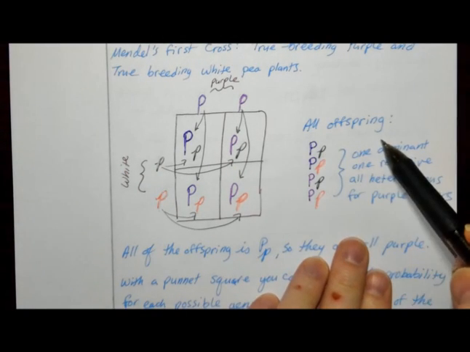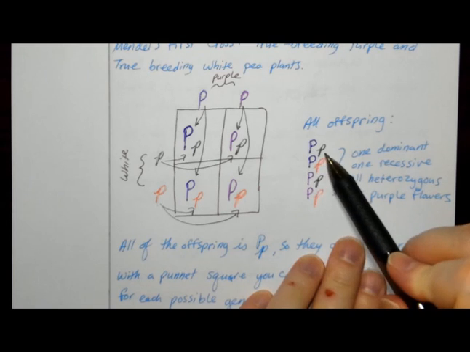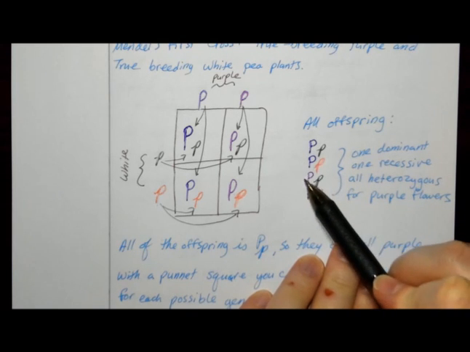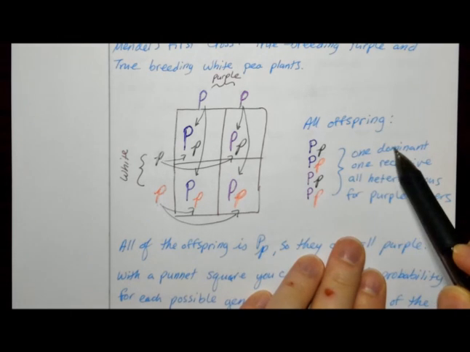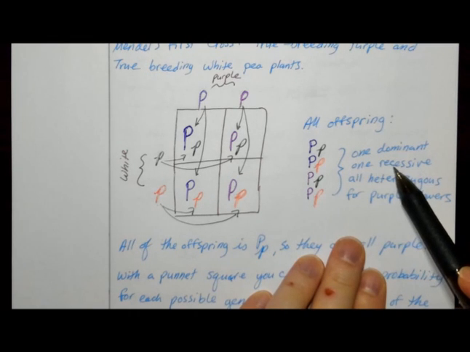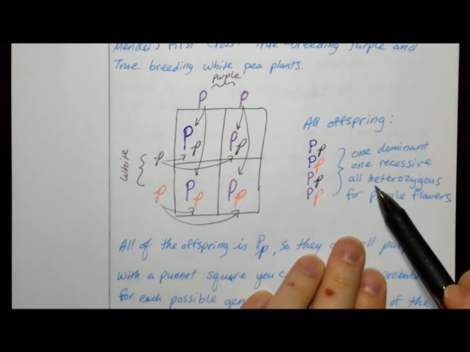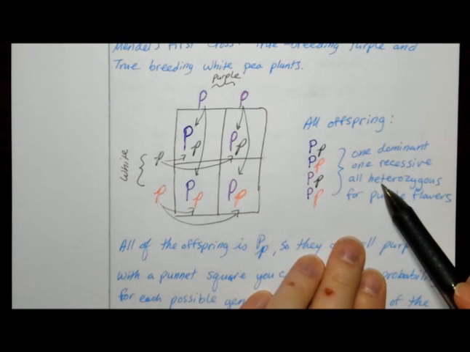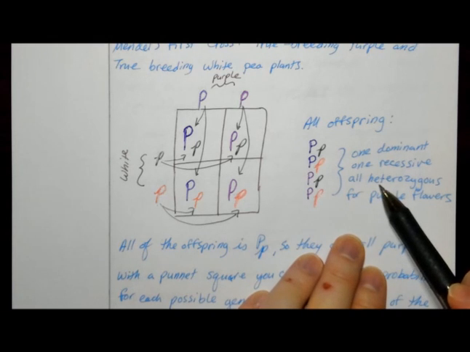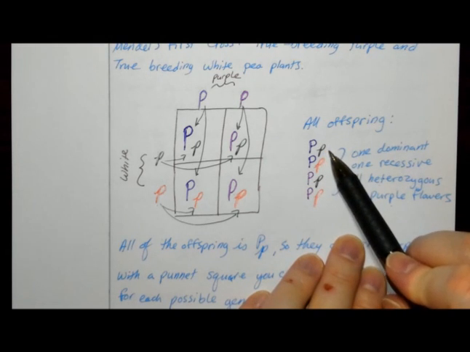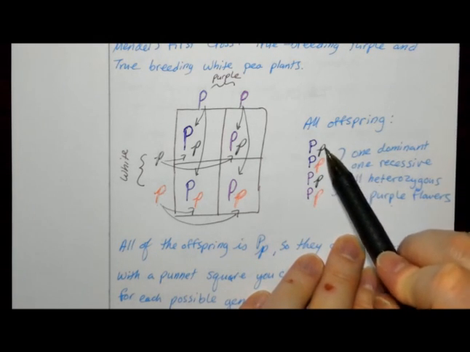So here's my list of all the offspring. Capital P, lower p, capital P, lower p, capital P, lower p, capital P, lower p. So all of the offspring have one dominant and one recessive allele. They are all heterozygous for purple flowers. So they all have a pair of different alleles, capital P and lowercase p, purple and white.